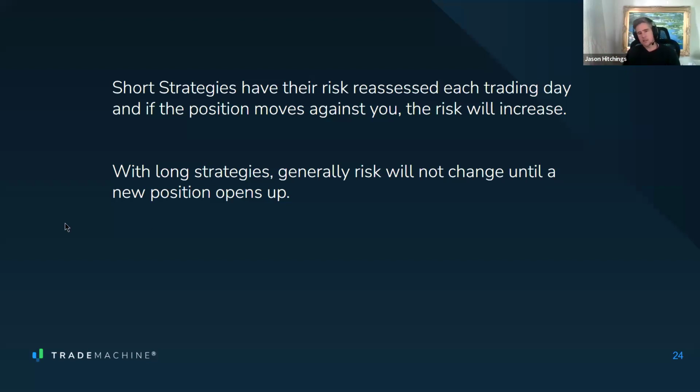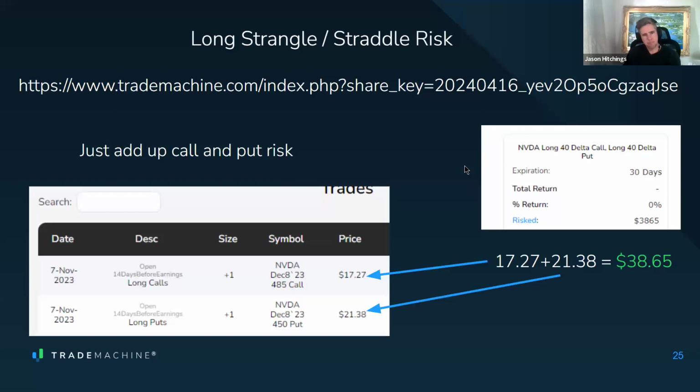If you lock in a loss, then we're saying this entire strategy has that loss. It's kind of like when you had to buy back in at your friend's poker game. So now you have, say, minus 100 in your account, and that would get added to the total strategy risk. But while the strategy is in place, generally with the long strategy, it just stays fixed over the course of the strategy.